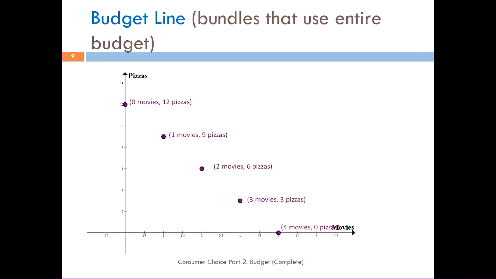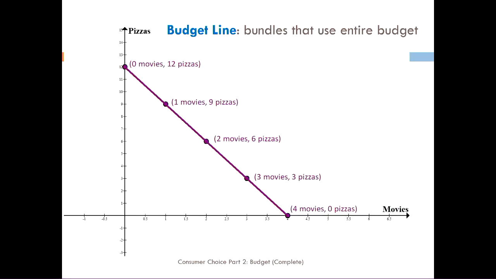So all of these ones, remember, all these bundles cost $60. So they're on your budget line. And then anything in between, any of those fractions also count. All right? So that's our budget line. All the combinations, all the bundles where you spend all of your money, all of your budget. Okay?